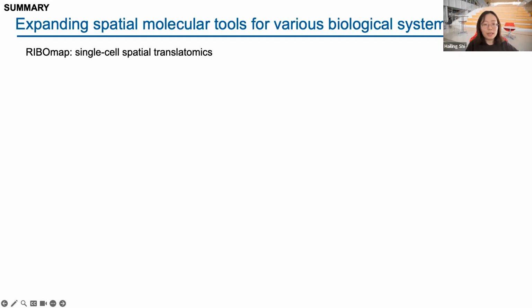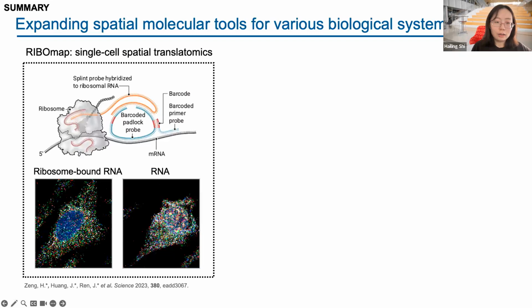I want to end with a further outlook into other molecular tools we have in the lab. There is also a study we published during the summertime called RiBOmap that can give single-cell resolved spatial translatomics information. In this platform, we have an additional probe that is annealed to the ribosomal RNA of the ribosome.